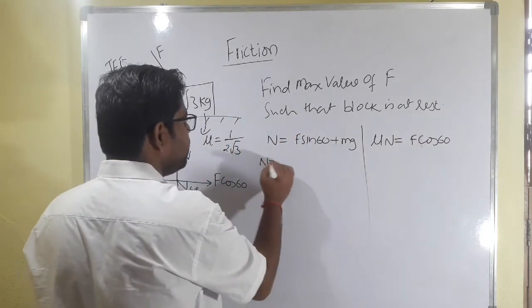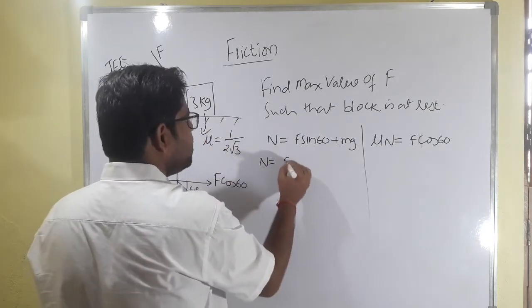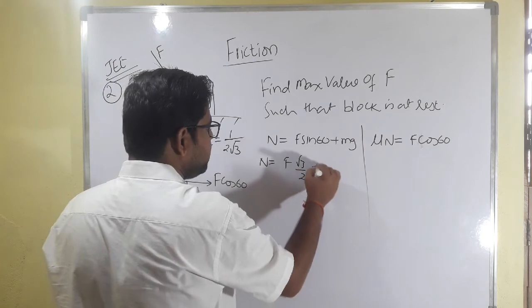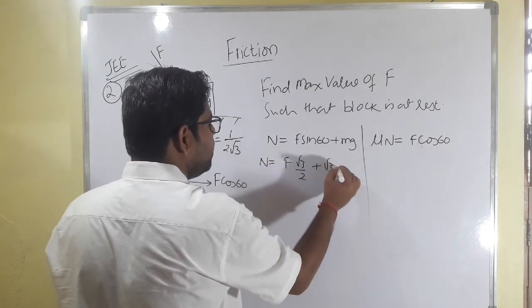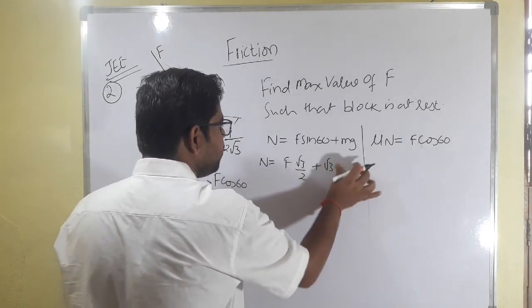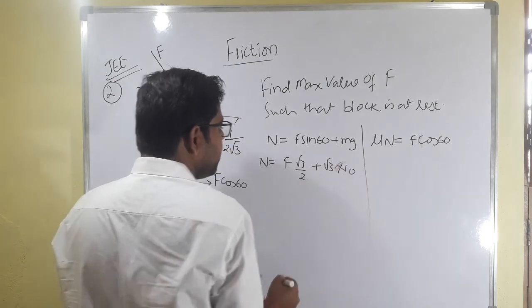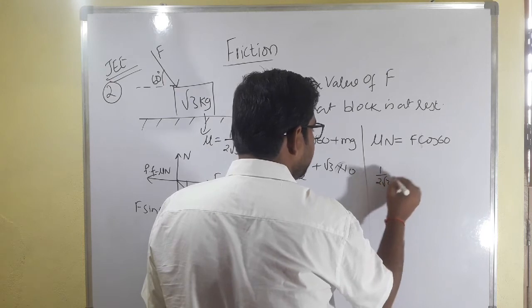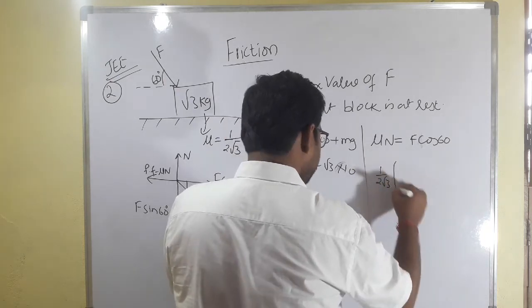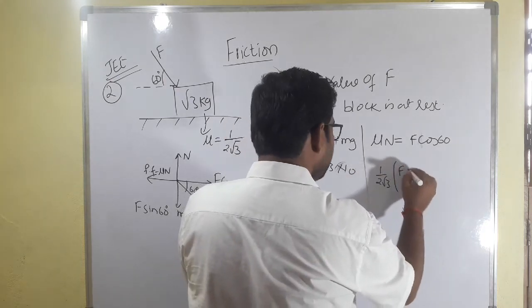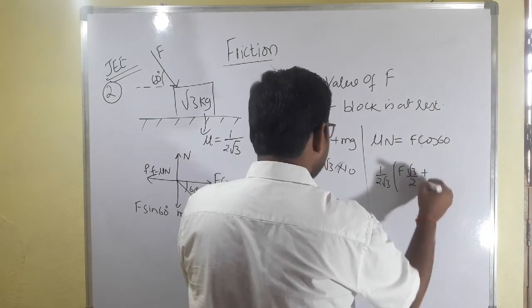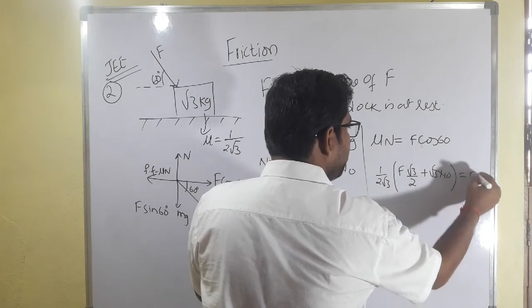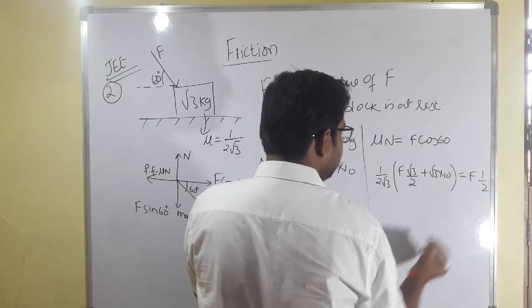N is equal to F sin 60, root 3 by 2, plus m is root 3 into g. Let's take g as 10 only. Root 3 into 10. And mu is given as 1 by 2 root 3, into the normal reaction we just found, F root 3 by 2 plus root 3 into 10, is equal to F cos 60, that is F by 2.